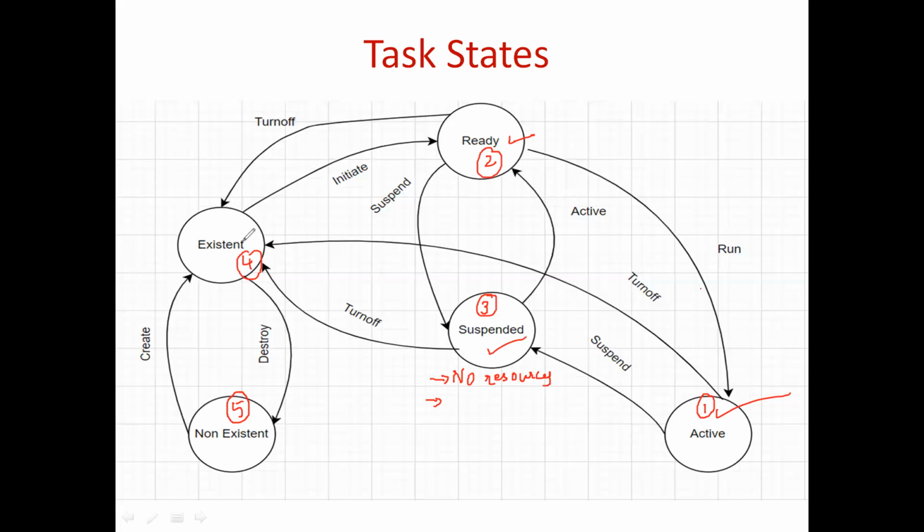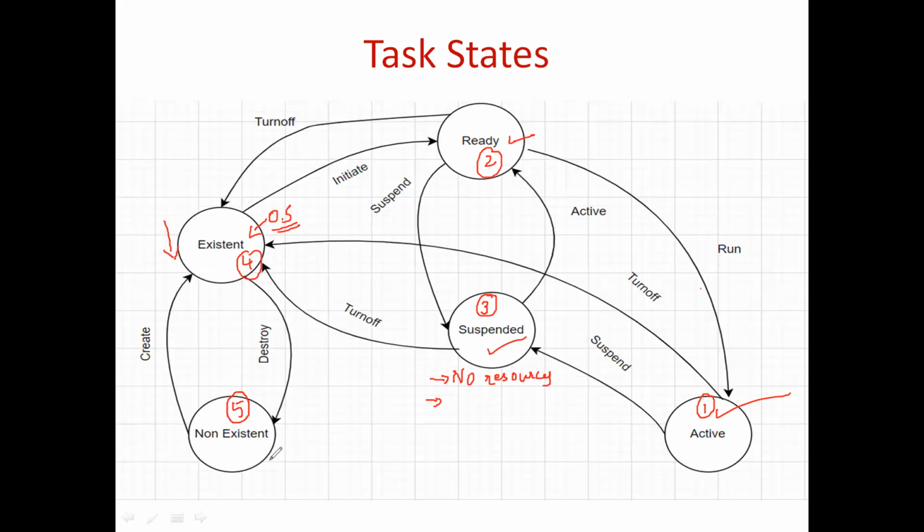Next are existent and non-existent. Existent means the operating system is aware of the existence of this task, but the task has not been allocated a priority. The OS knows that this particular task has to be executed, but its priority is low. Such a task will be in the existent state.